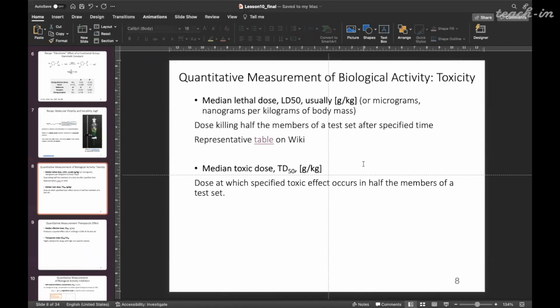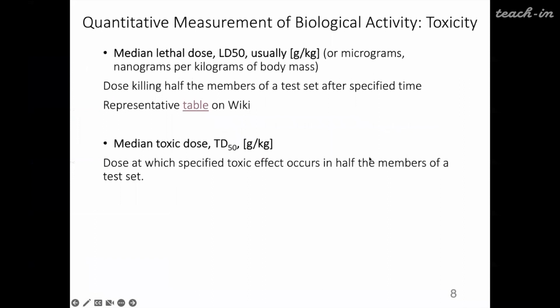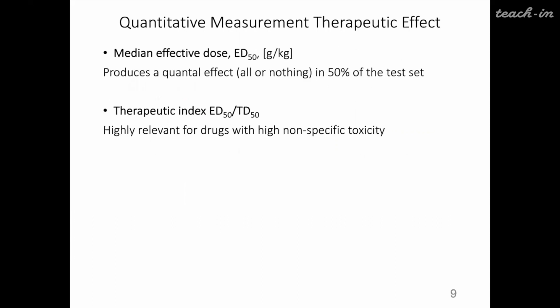So we can also consider median toxic dose, which is the dose at which a specified toxic effect occurs in half the members of a test set. And we, on the contrary, can speak of therapeutic effect.